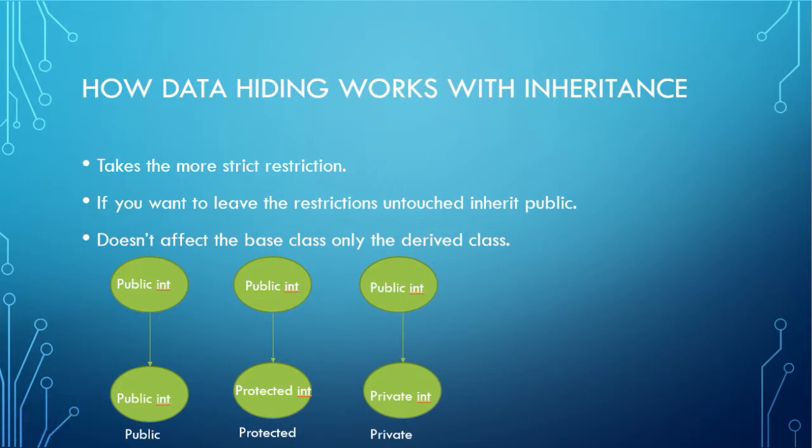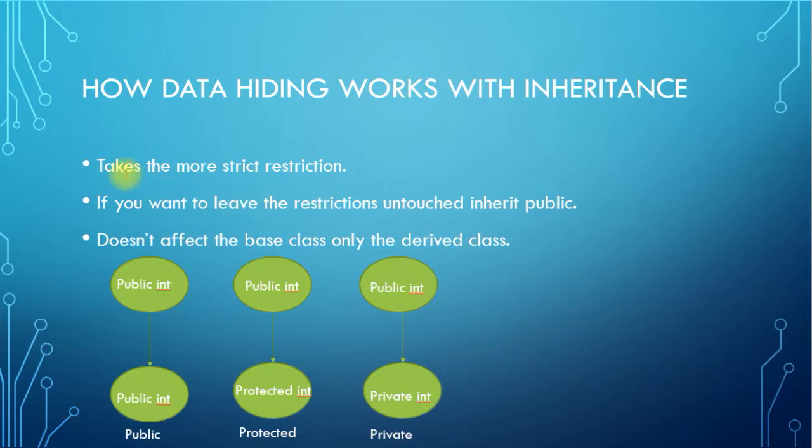Alright. So, how data hiding works with inheritance. Well, in C++, other than declaring whether your data members and methods are private, protected, or public inside of the base class itself, you can actually specify how you want it to be inherited. You can inherit it publicly, you can inherit it protected, or you can inherit it privately.